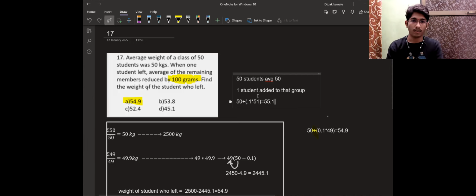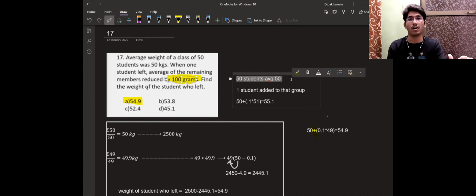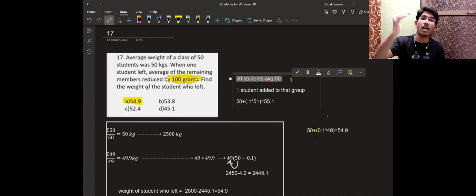I will repeat. We have to first consider all the students are having the same weight, the same age as per the given average. Then we have to consider how much the average is decreasing after leaving the group, how much the weight is decreasing, how much score is decreasing after leaving the group.